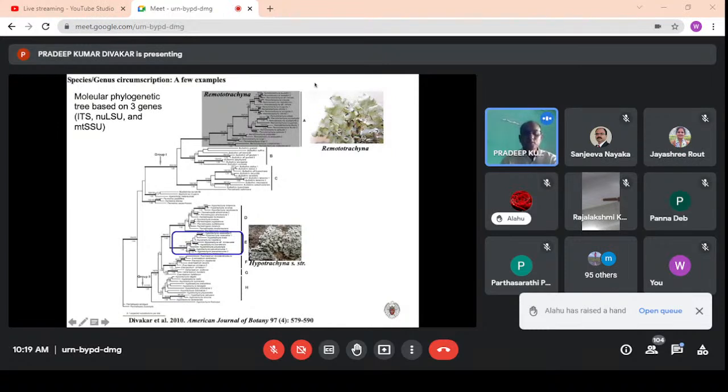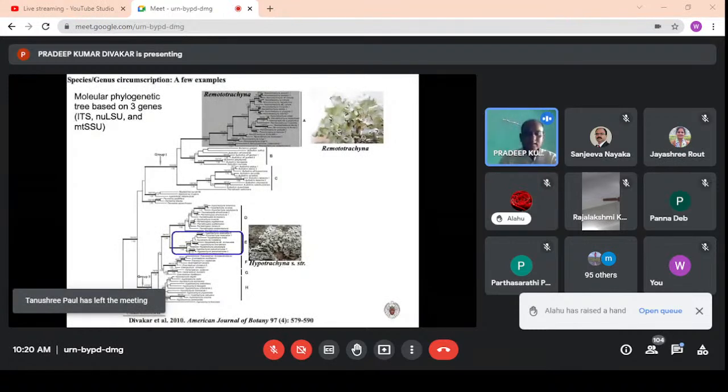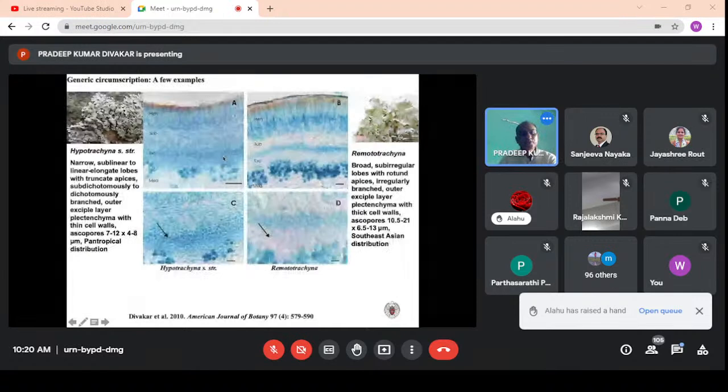This is another group, Hypotrachyna, that formed the sister group with the Bulbothrix, and later it was described as a new genus. And then not only based on the phylogeny, but these were corroborated with the morphological features.